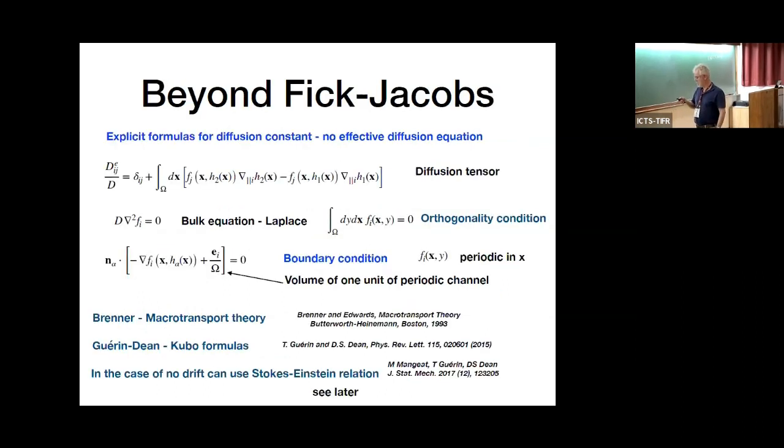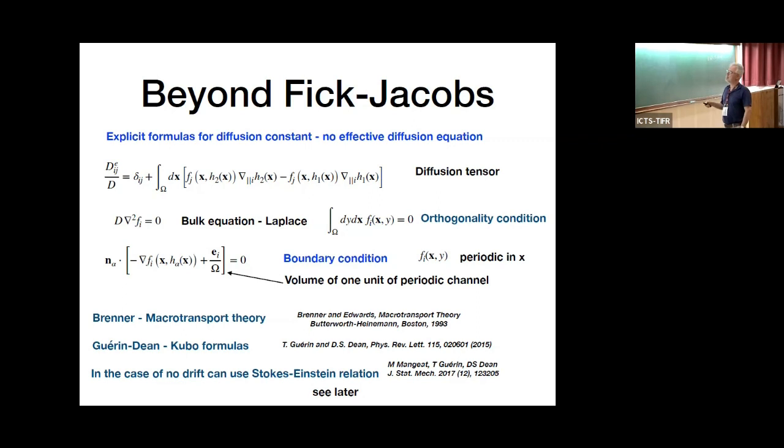So how can you improve on this? People have worked on these problems for a long time. In most of the literature, there were methods where people try to carry on generating an effective diffusion equation. But there's a formalism where you can basically work out what the effective diffusion constant is. I'll explain a bit later, with a slightly more complicated example, how you get these formulas.